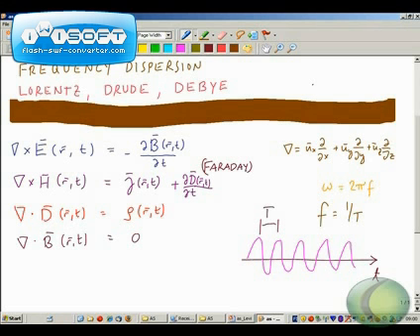Okay, the good thing about this kind of sinusoid is that since we have a sine omega t type of dependence of the field, what happens in the differentiation? If we take the time derivative, the derivative of sine is cosine.